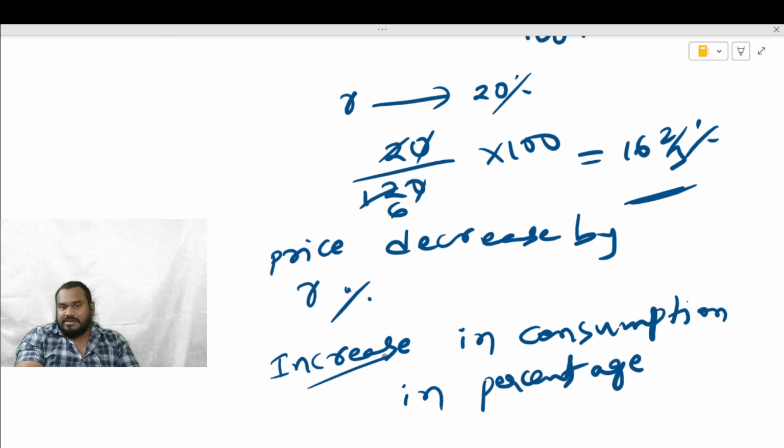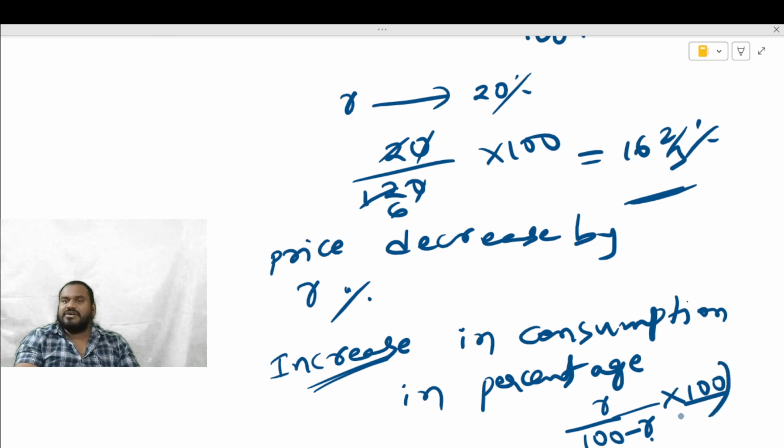See, I am saying increase. Something will increase when the denominator is less. So I'll subtract it from 100. R by 100 minus R into 100. See, when 100 is divided by 100 minus R, obviously its value will be increased. So this is R by 100 minus R into 100%.